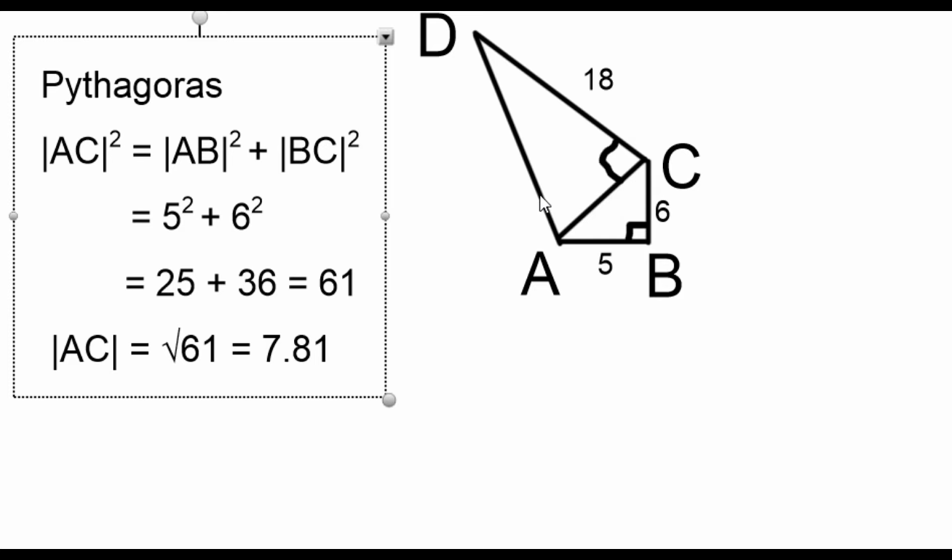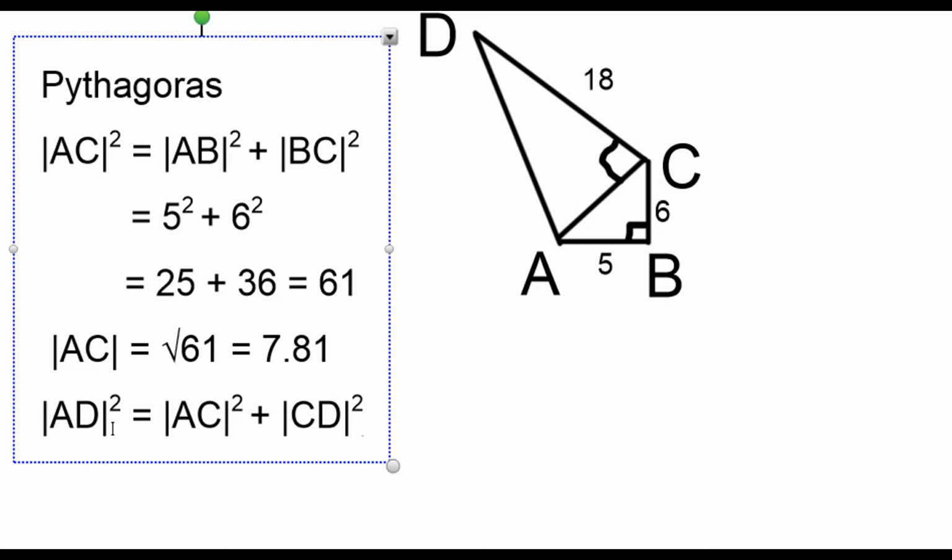So what should we do to find this? We also use the Pythagoras theorem, since it's a right angle triangle. AD, which is the hypotenuse, AC from here to here, and CD from here to here. So let's find AD from this Pythagoras theorem.